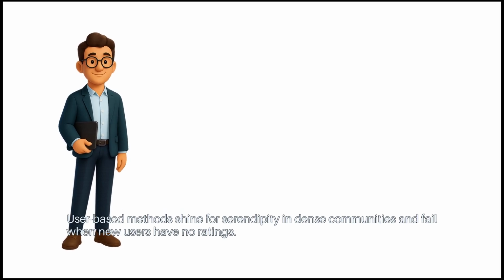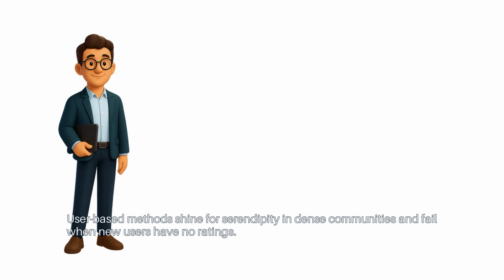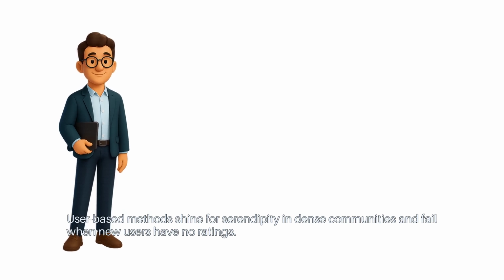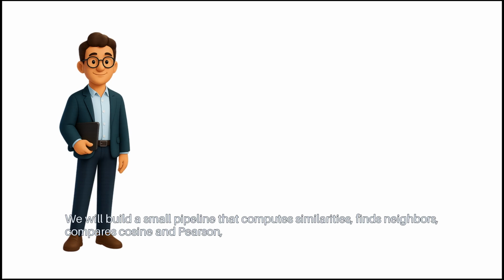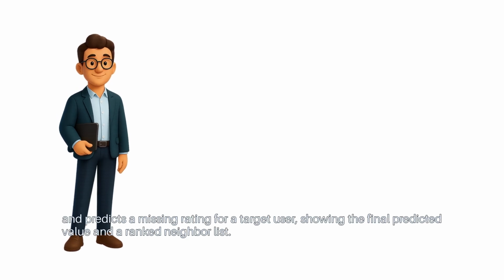User-based methods shine for serendipity in dense communities and fail when new users have no ratings. We will build a small pipeline that computes similarities, finds neighbors, compares Cosine and Pearson, and predicts a missing rating for a target user, showing the final predicted value and a ranked neighbor list.